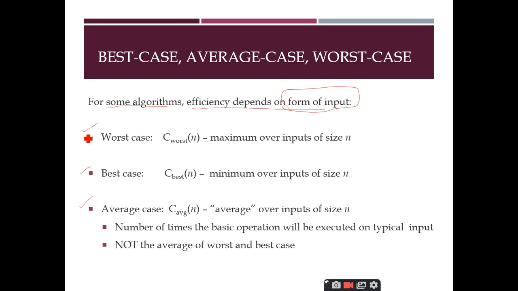Out of these 3 cases, can anybody tell me which one needs to be considered the most prioritized thing? Worst case, sir. Worst case, right? So never estimate the performance of the algorithm based on the best case and average case. You have to always take the worst case into consideration for measuring the efficiency of the algorithm. Is it clear?